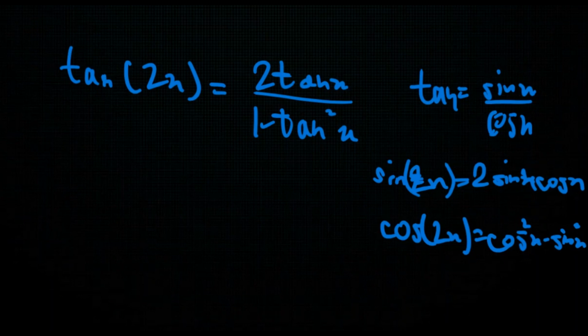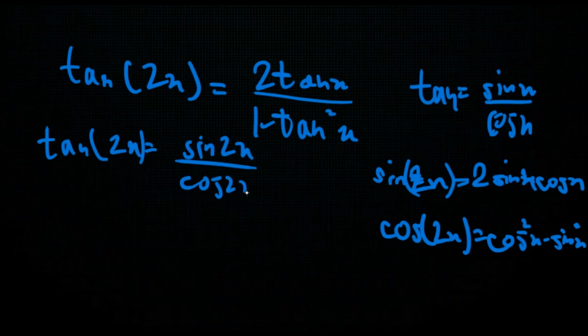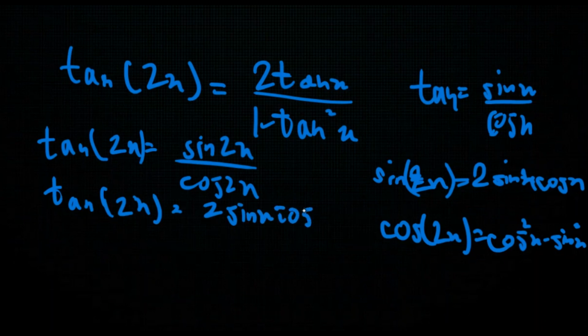So that means you can write this as tan 2x equals sine 2x by cosine 2x, or tan 2x equals 2 sine x cosine x by cos squared x minus sine squared x.